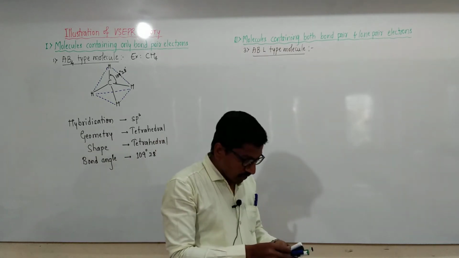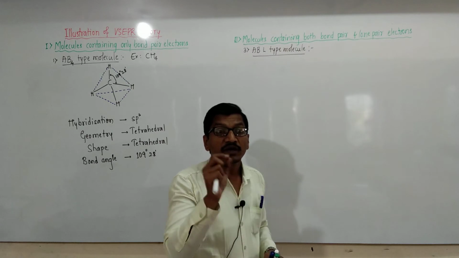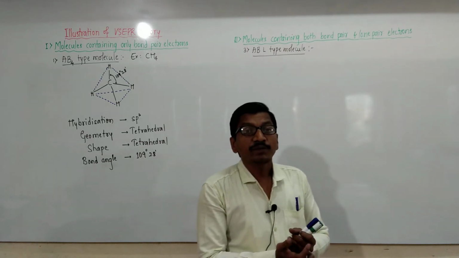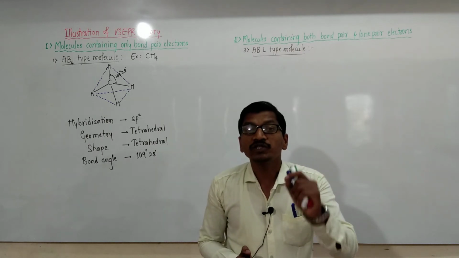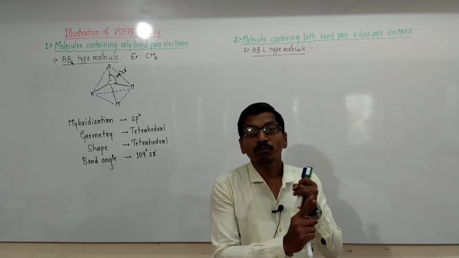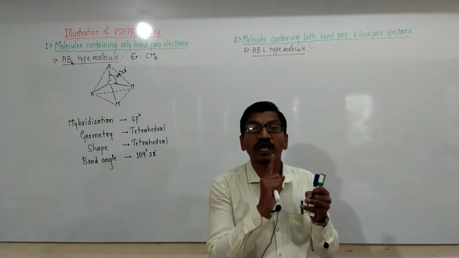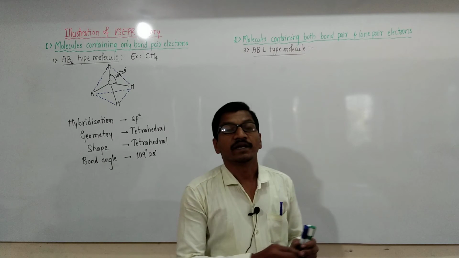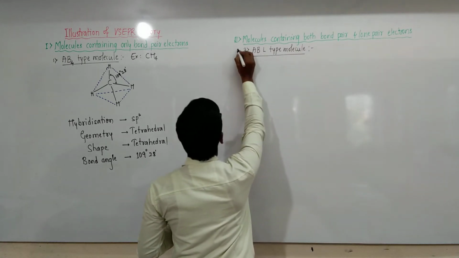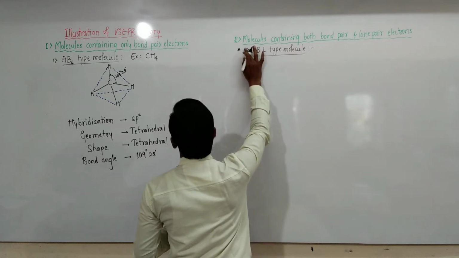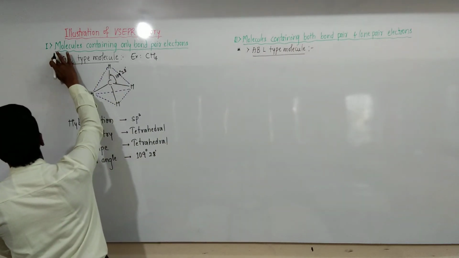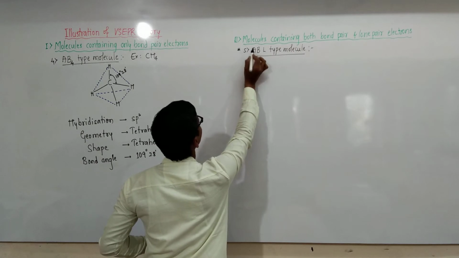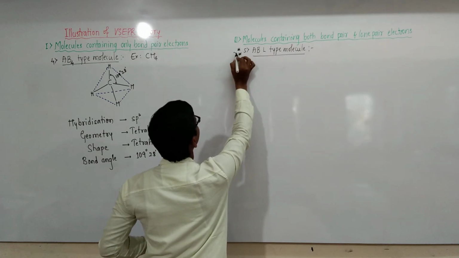These are very important, and in your examination frequently asked: explain the formation of ammonia molecule based on VSEPR theory, or explain the formation of water molecule based on the VSEPR theory. These are the two very important examples. Here is fourth one, this is fifth one, this is very important.